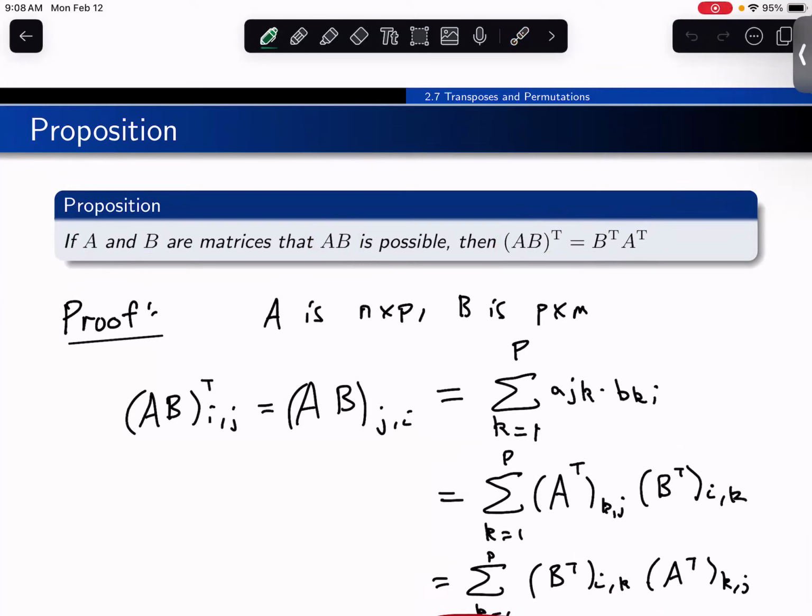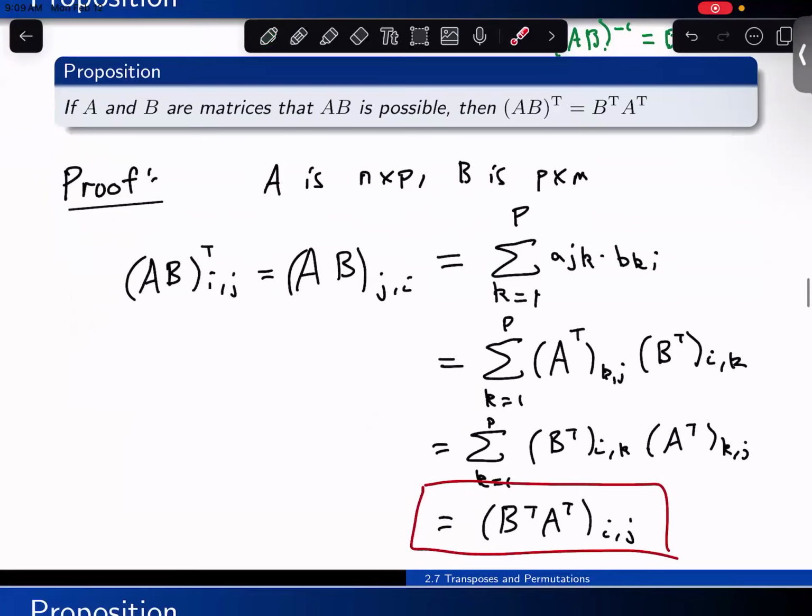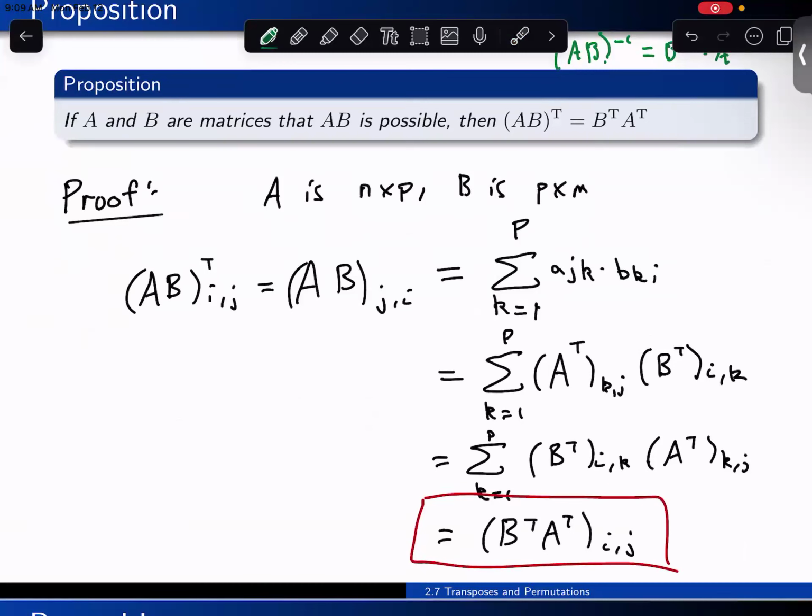In the past, we saw that the inverse of AB is B inverse times A inverse, right? It switches the order of the multiplication. The same thing occurs when you apply the transpose to a product.